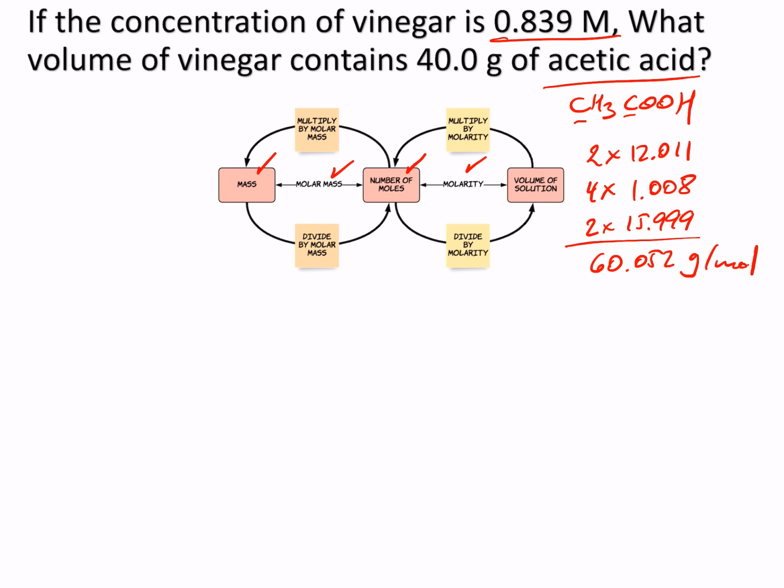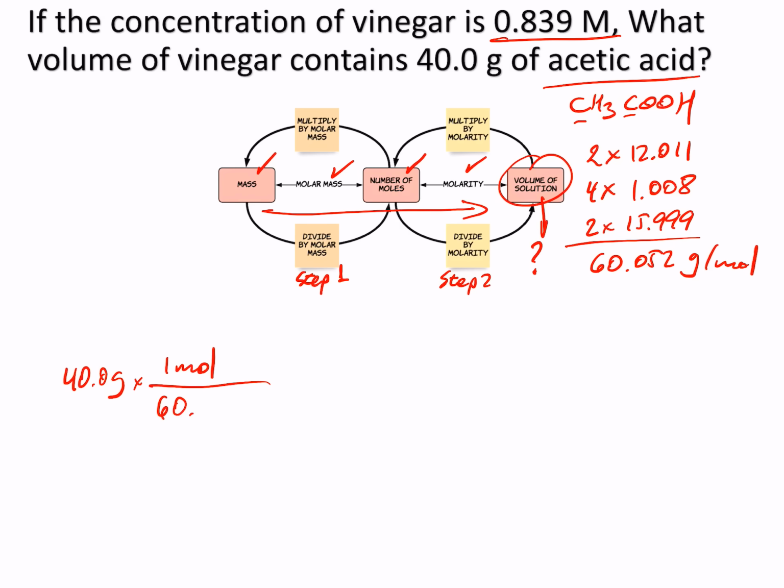We are asking now what the volume is, so we are going in this direction, so step 1 divide by molar mass, step 2 divide by molarity. So we start here, 40.0 grams of the acetic acid times 1 mole divided by 60.052 grams. This takes care of the grams. At that point you have number of moles.